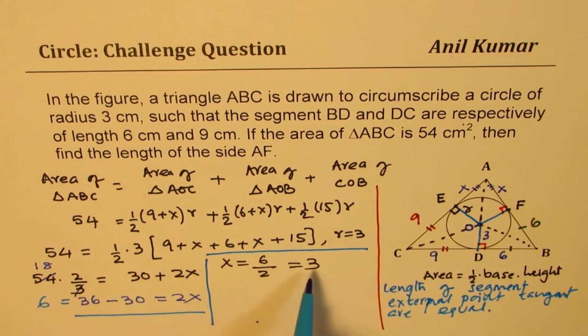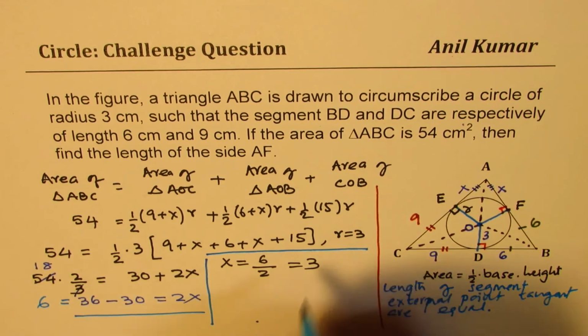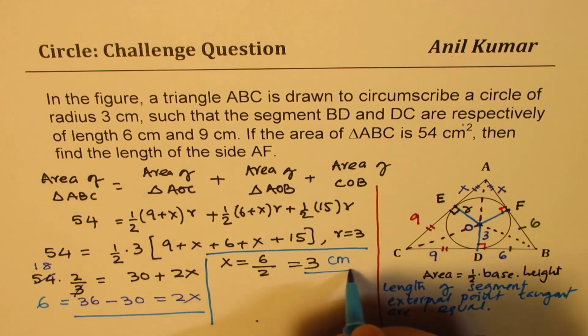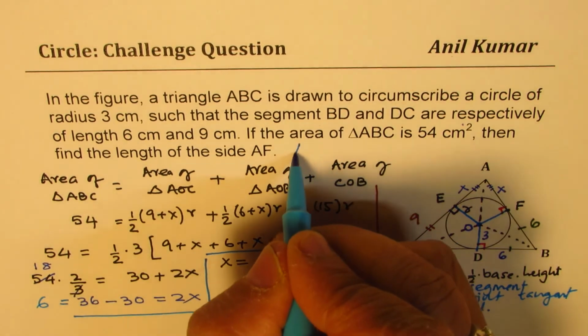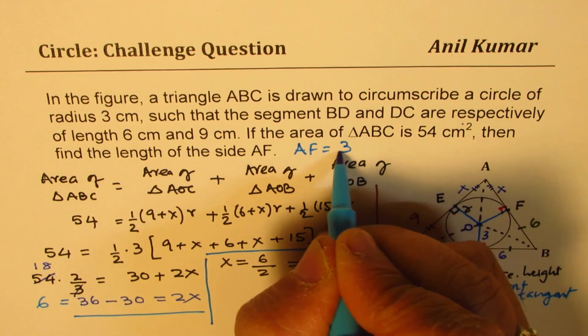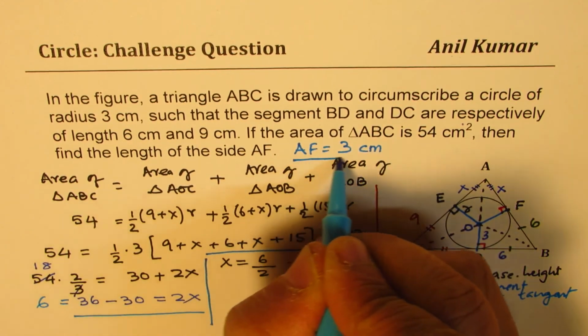Dividing by 2, you get x equals 3. The units are of course centimeters. So that is the distance from A to F, and we get AF equals 3 centimeters.